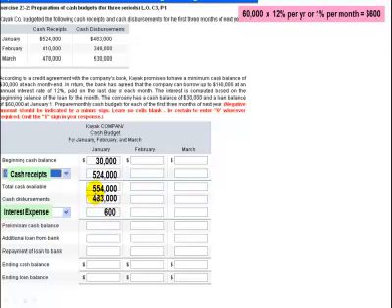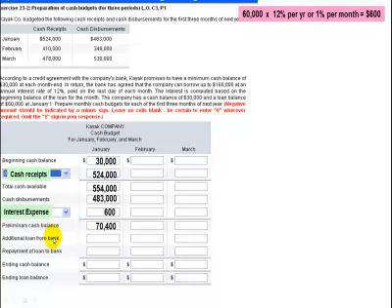So this cash available minus the cash disbursements minus the interest will give us a preliminary cash balance of $70,400.